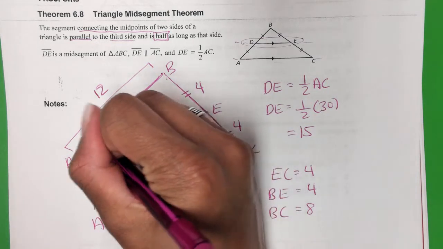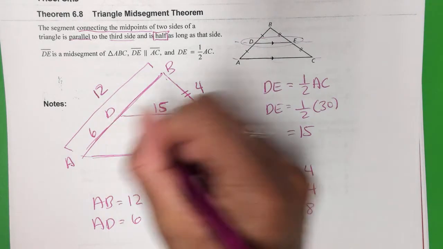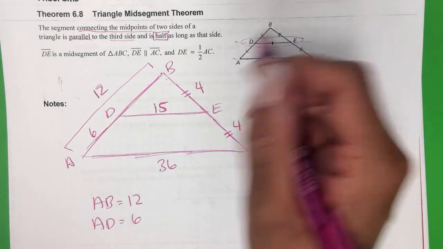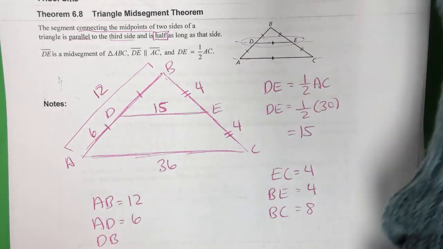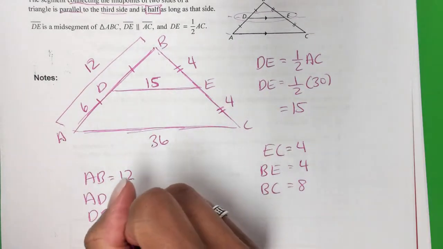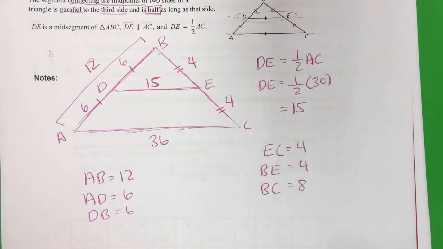So that means AD is 6. And because our theorem says that these two must be congruent to each other, that means DB is also 6. Okay? Awesome. So there's our example.